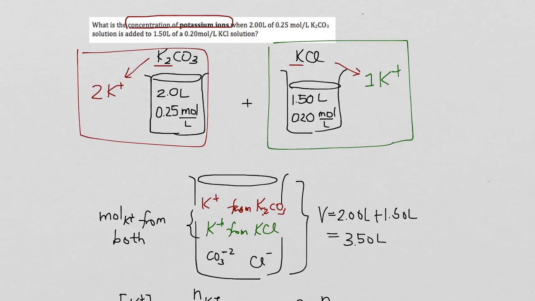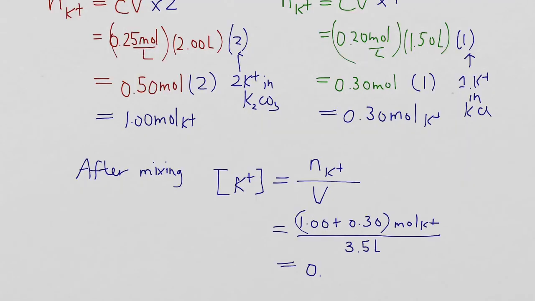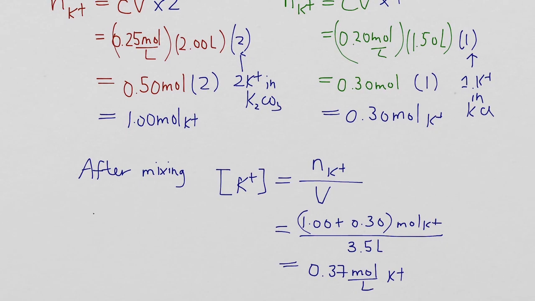I think this is 2 significant digits, because these numbers have only 2 significant digits. 0.37 moles per liter. So therefore, the concentration of potassium ions is 0.37 moles per liter.